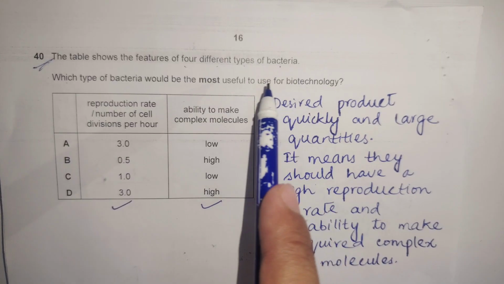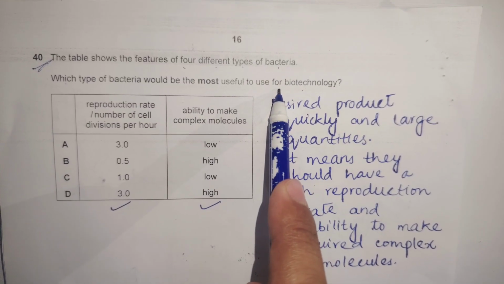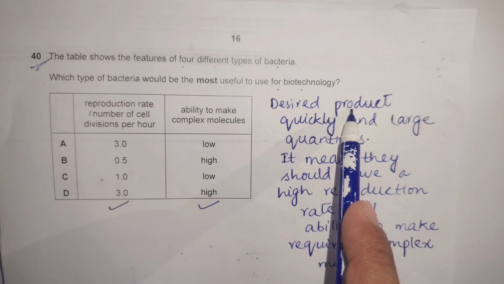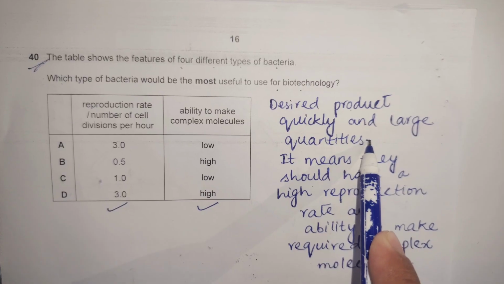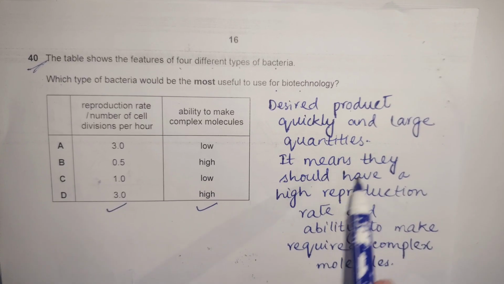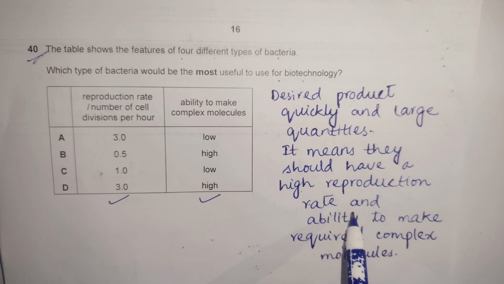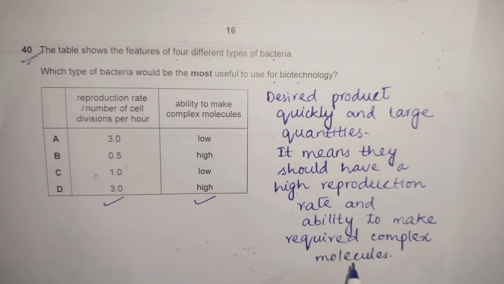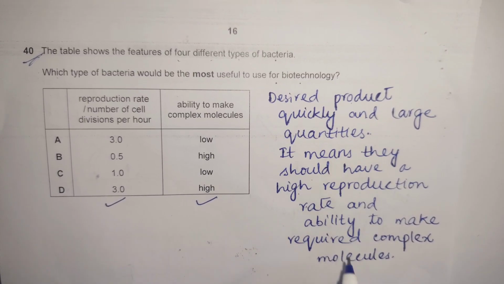Bacteria for biotechnology are most useful if they can produce the desired product and they can produce it in large quantities. For this, they should have a high reproduction rate as well as a high ability to make required complex molecules. Both of these things should be high.